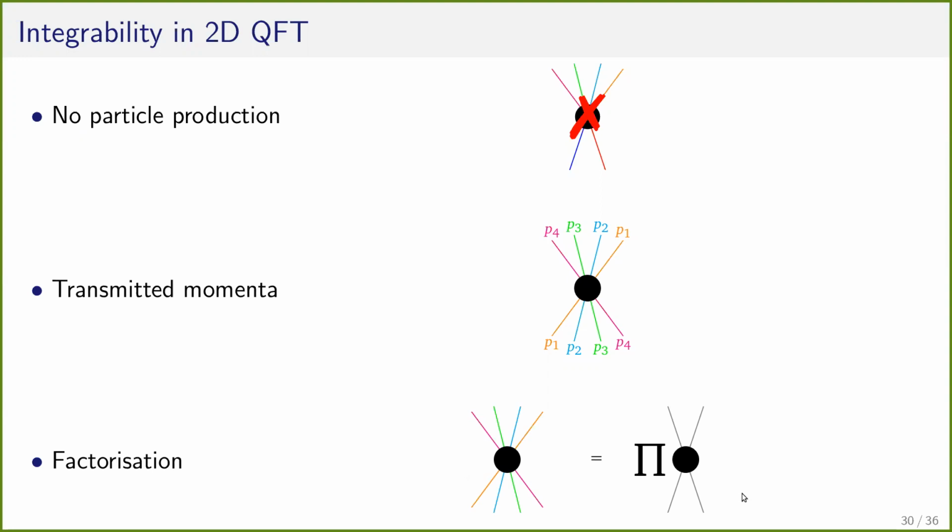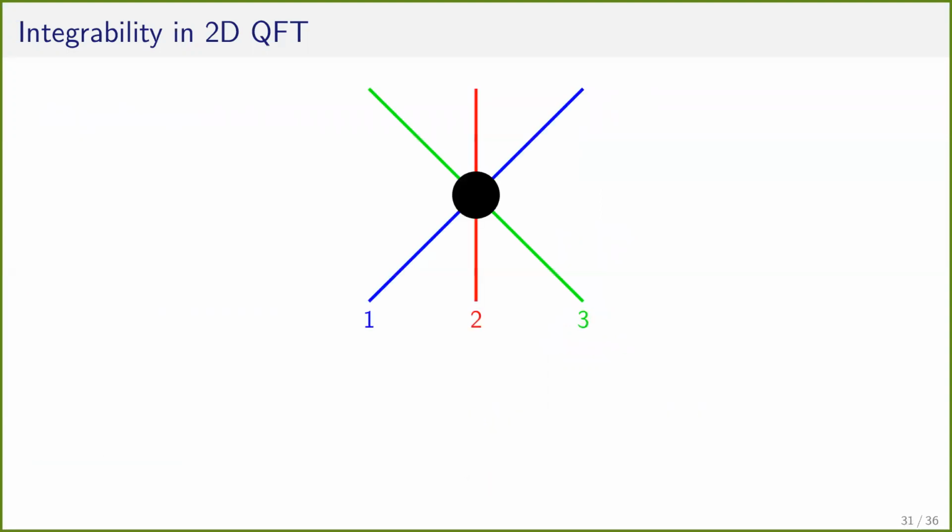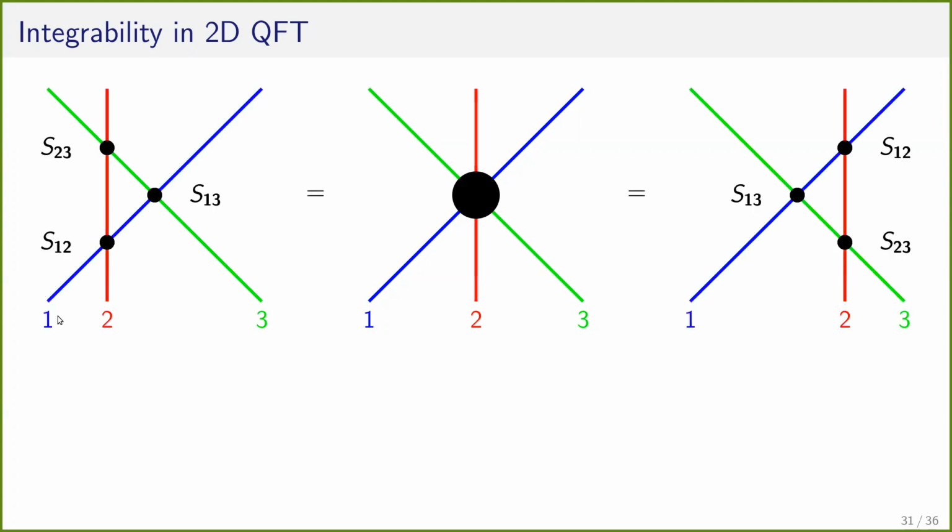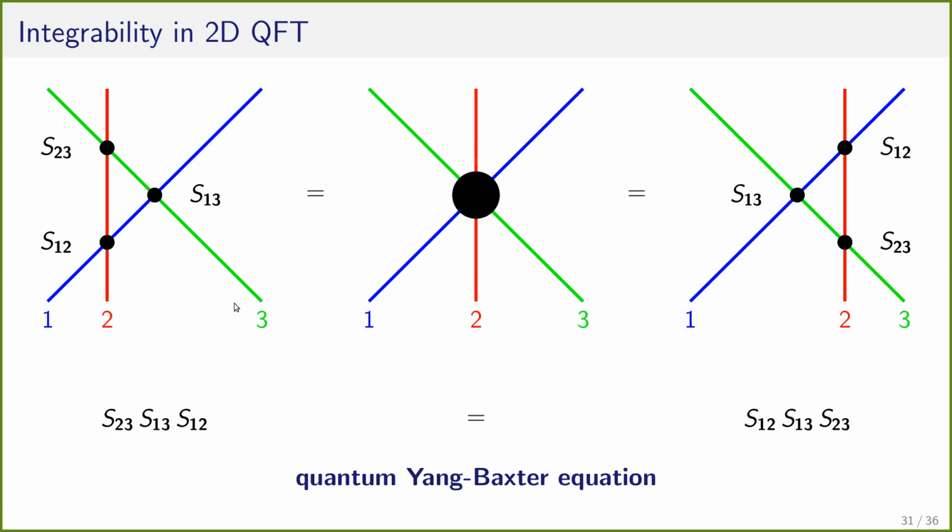You can see this by looking at the scattering of three particles, 1, 2, and 3. The scattering can be done in two different ways: you can scatter particles 1 and 2 first, or particles 2 and 3 first. Requiring that this gives the same result will impose a constraint on the two-body S matrix, which is called the quantum Yang-Baxter equation. So for your quantum theory to be integrable, the S matrix should solve the quantum Yang-Baxter equation.